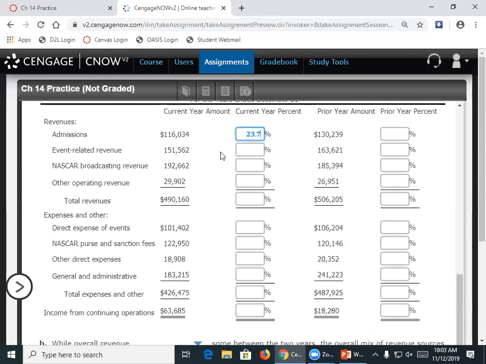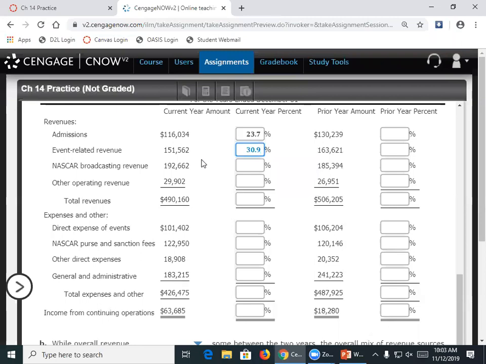Okay. How about event-related revenue? What percent does event-related revenue make up of total revenues? 30.9. Very good, 30.9. I'm imagining at a NASCAR event, that's probably a lot of beer.